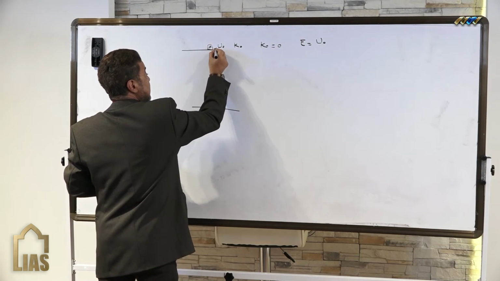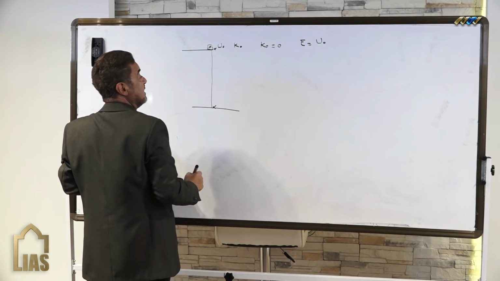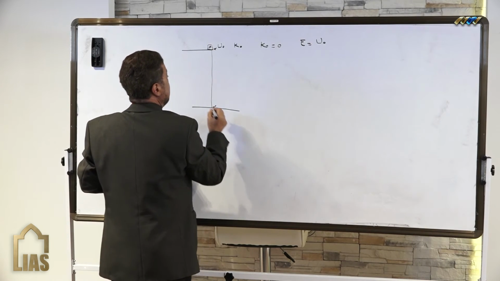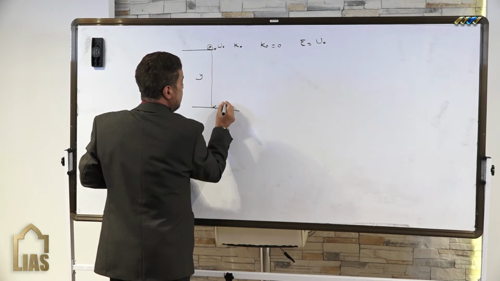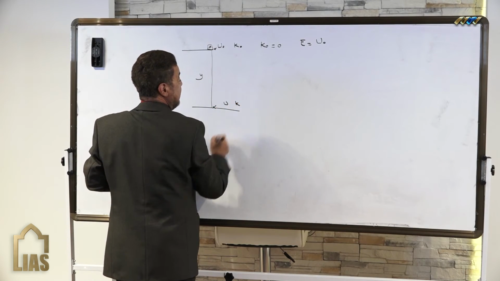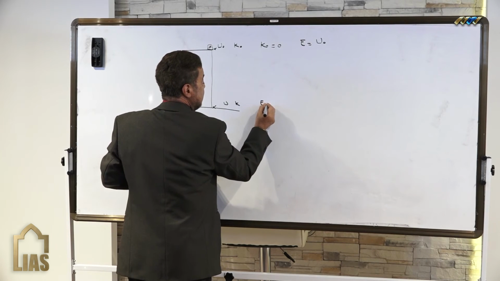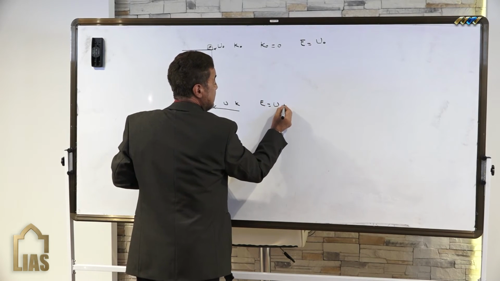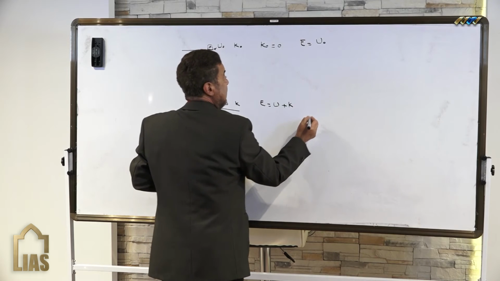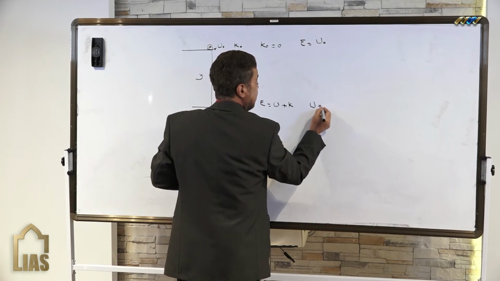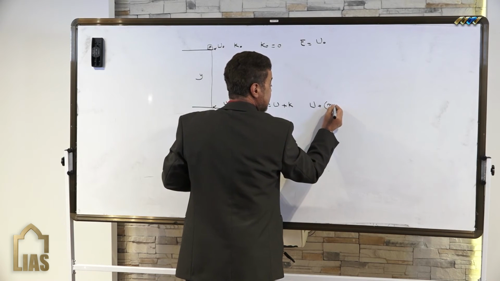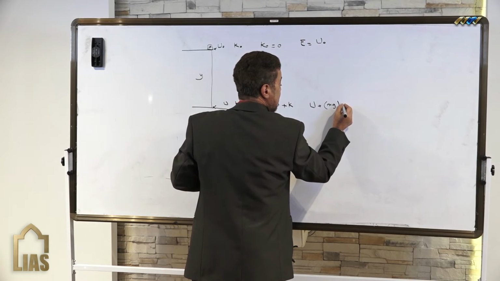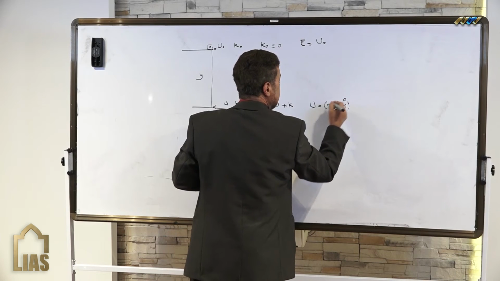And in this position here, while this is Y, and this U and K, E is equal to U plus K. U in this case is mgy, which is Y now 0.